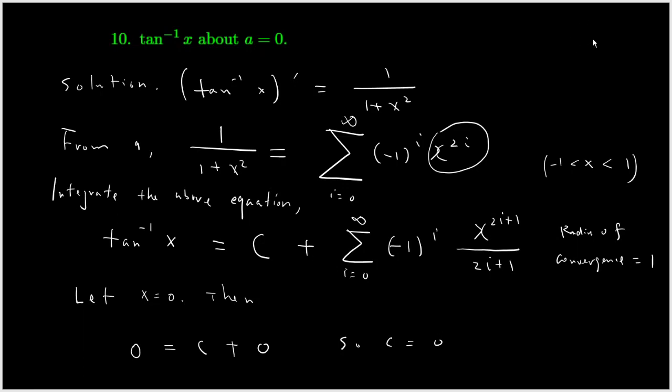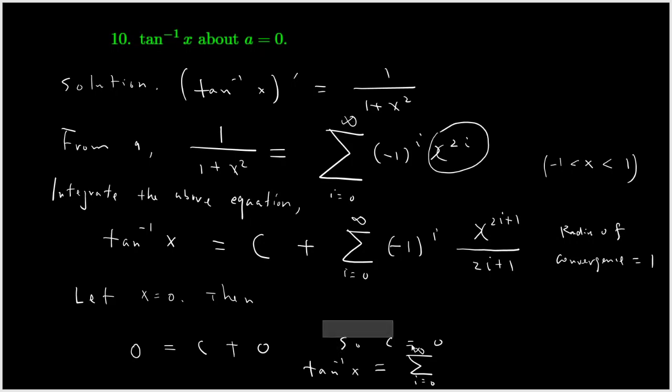Finally, we have the representation of inverse tan. So inverse tan of x can now be represented in terms of the power series, i starting from 0 to infinity. Now the form is that, I hope it's not too messy in here.